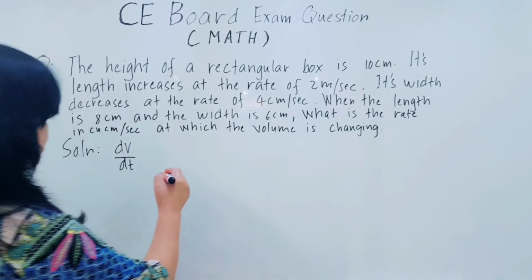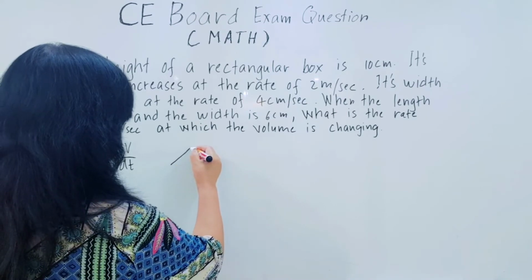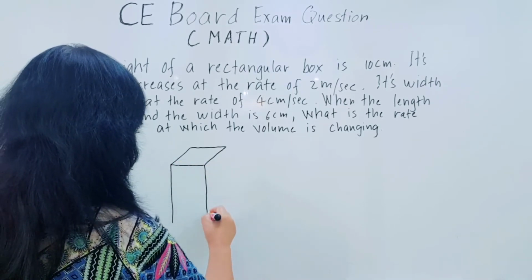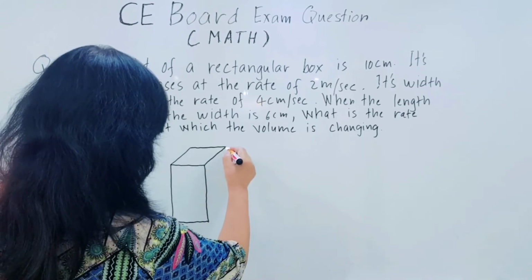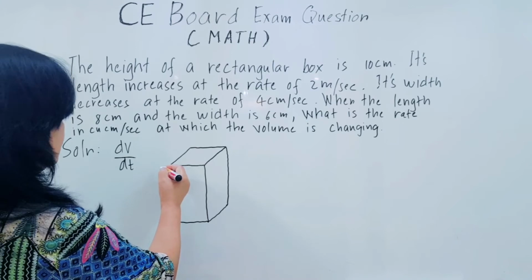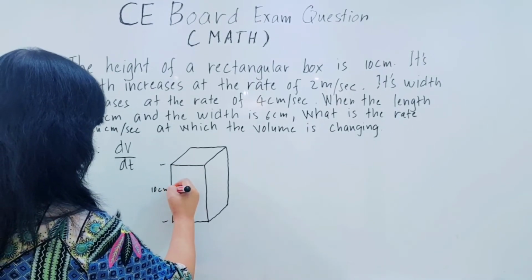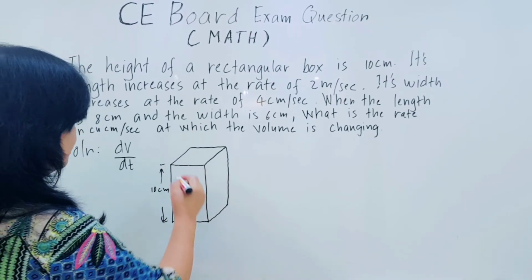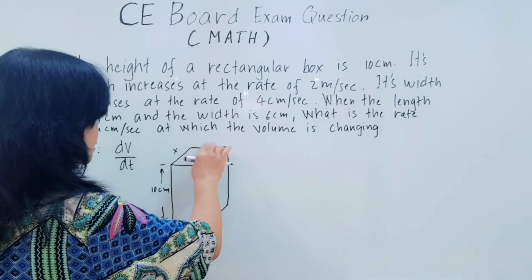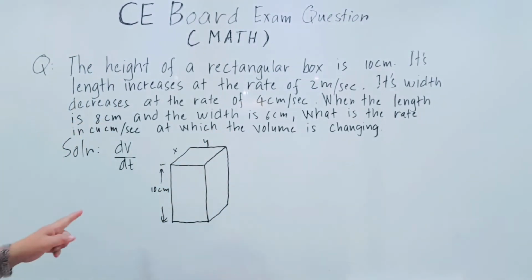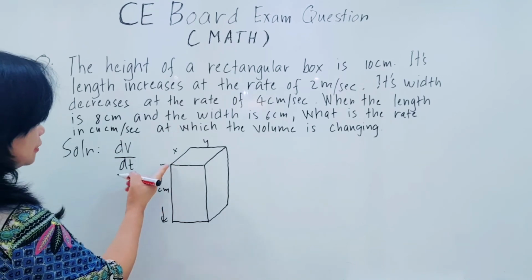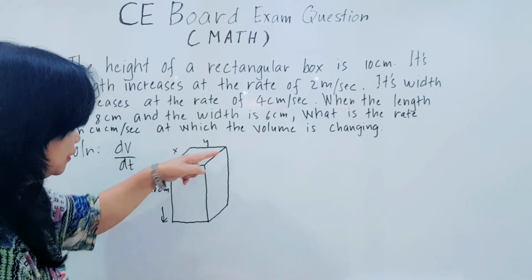Now, if we draw the rectangular box, this is the height, which is 10 centimeters, and we designate this one as x, and this is the width, which we will call y. This is the length, this is the width, and this is the height.